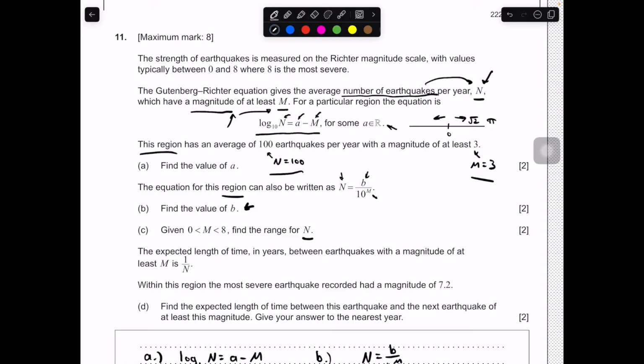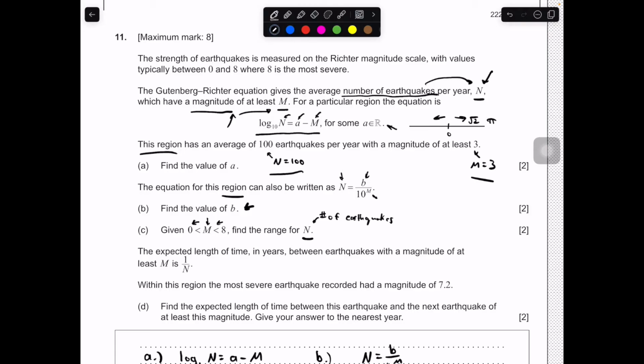So m is the magnitude of an earthquake, and n is the number of earthquakes. So what do we have here? Given that the magnitude itself is greater than 0 and less than 8, find the range of n, the number of earthquakes per year. And this is where I said it kind of reads somewhat like a paper 2.